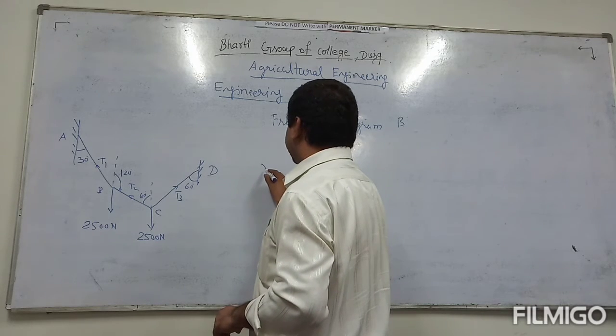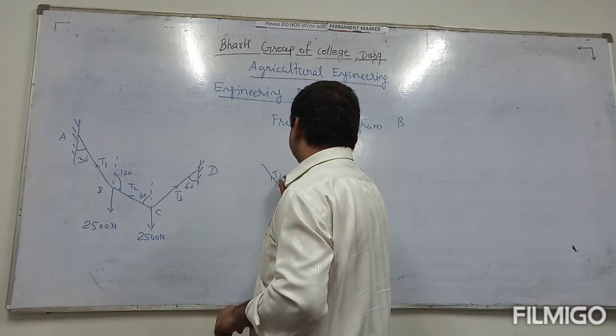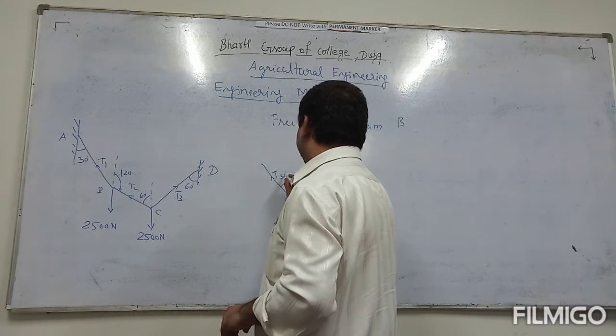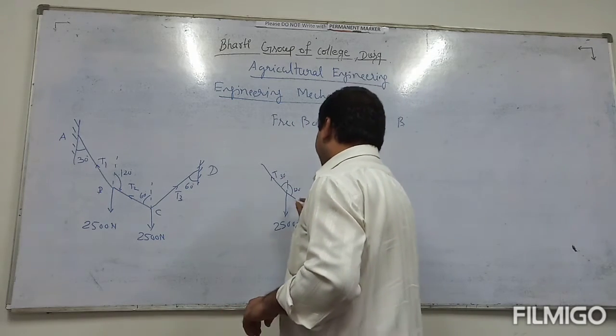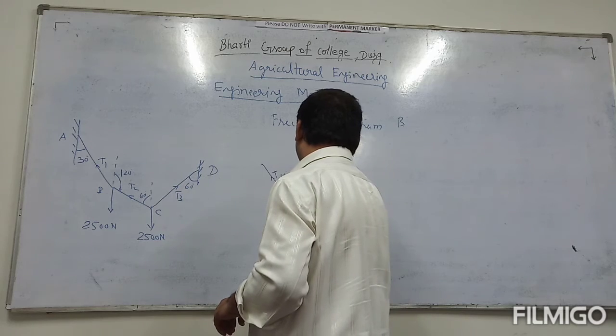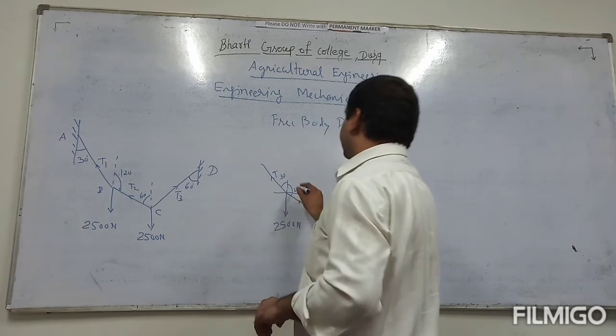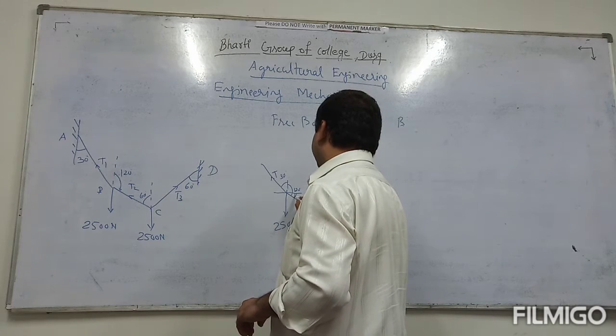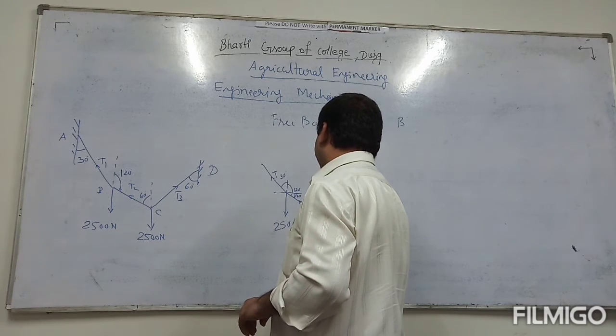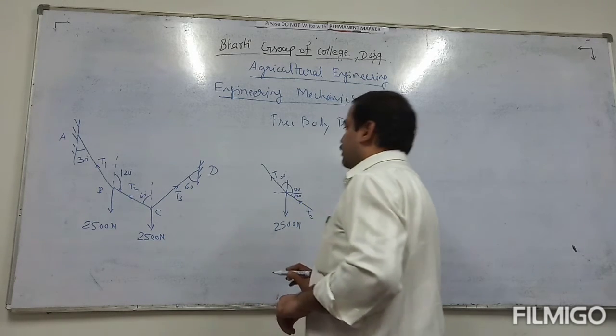This angle is 30, so this angle is also 30 degrees. This angle is total 120, so this is 90, this is also 30 degrees for this T2.